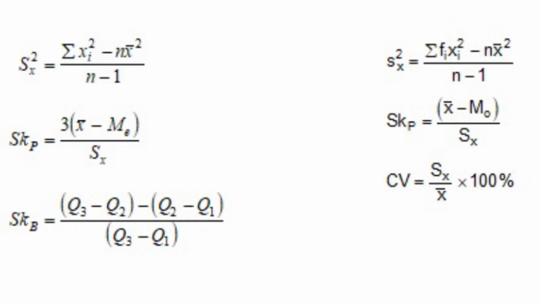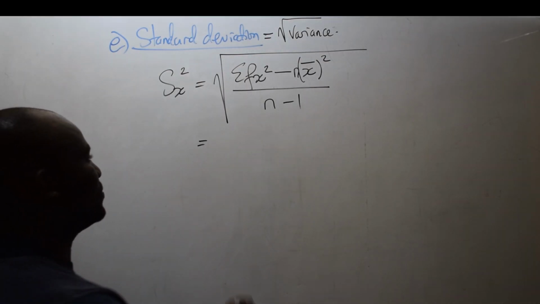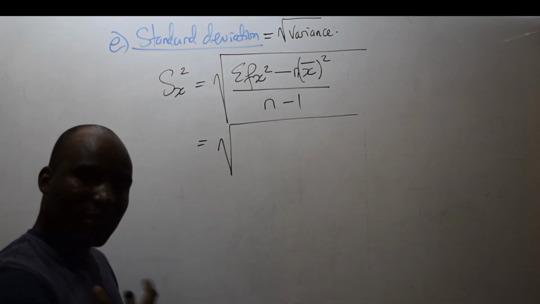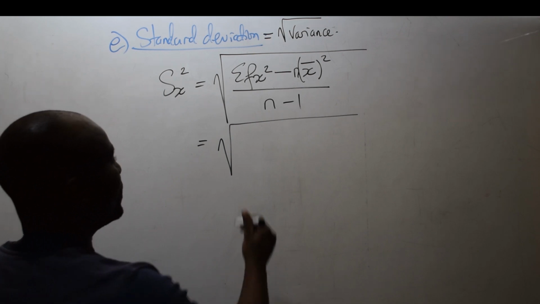So this is equals to the square root of summation of fx squared minus x bar multiplied by n squared, divided by n minus 1. You remember our figures, we calculated these figures, so you should be able to go back to your table, because that was the reason why we calculated this.